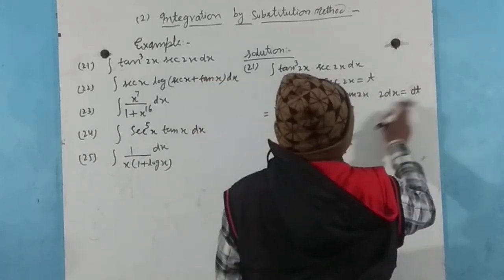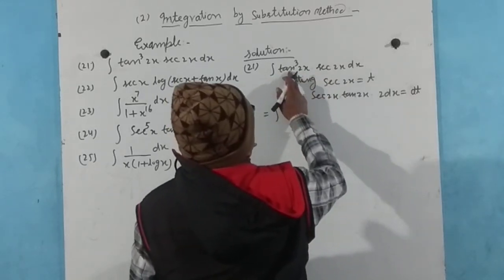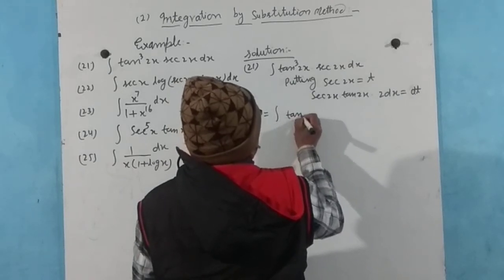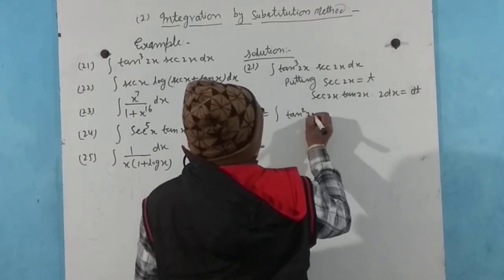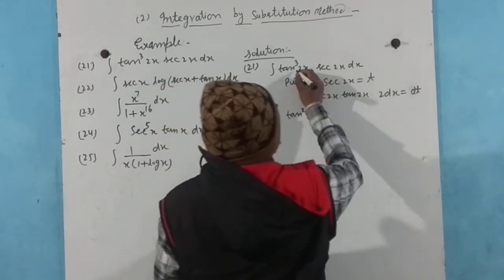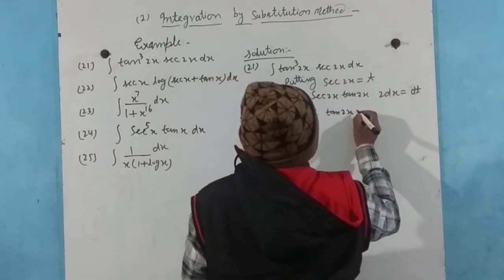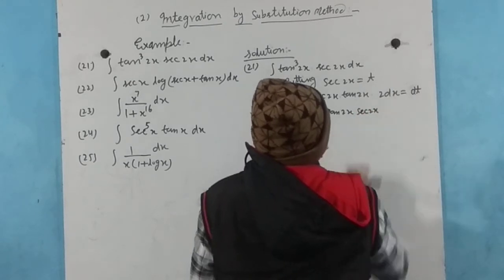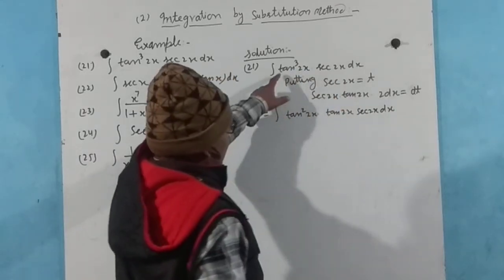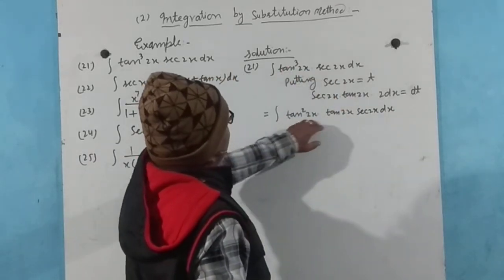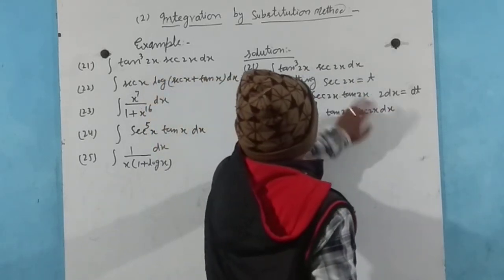It means that 2 comes here, dt by 2, so that in this case tan square 2x, and we arrange this tan 2x sec 2x dx. Here it can be written as tan to the power 3 2x, tan to the power 3 and sec 2x dx.